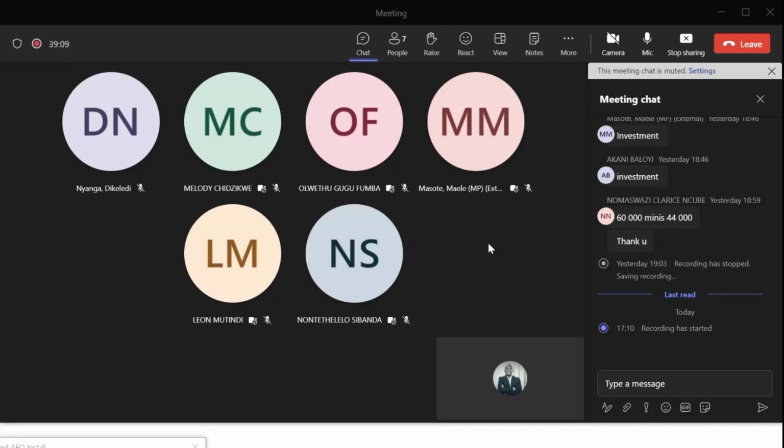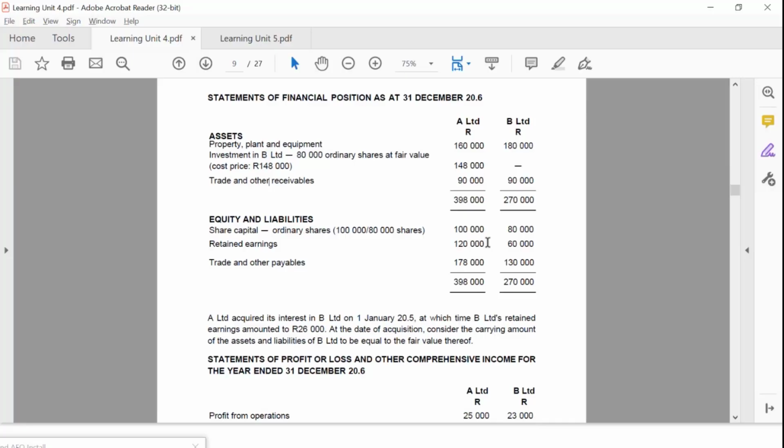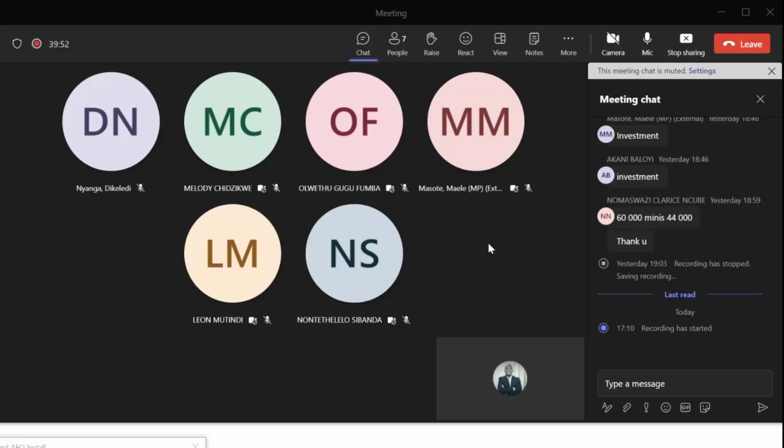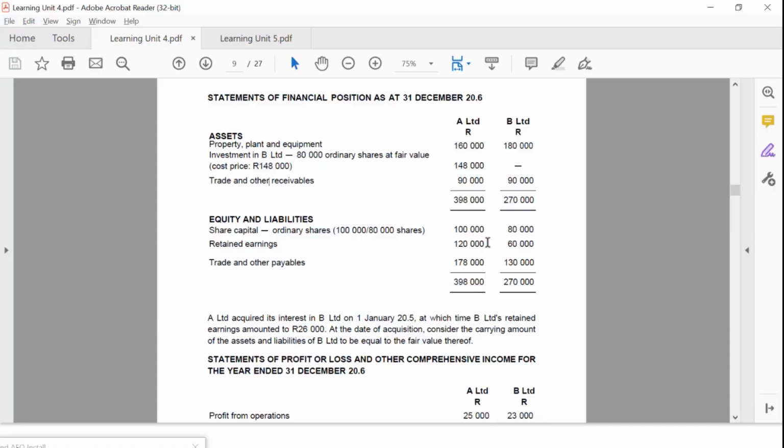So when I look at my statement of financial position, as you can see, there are certain items that I need to eliminate on consolidation. So I was asking, what are they? You have your statement of financial position. You have property, plant, and equipment for the parent company, which is A Limited, and for the subsidiary, which is B Limited.